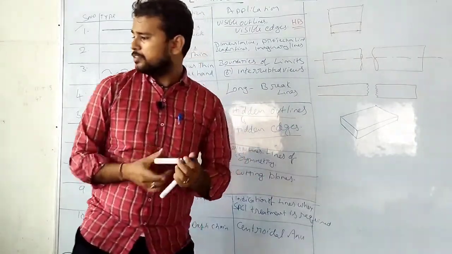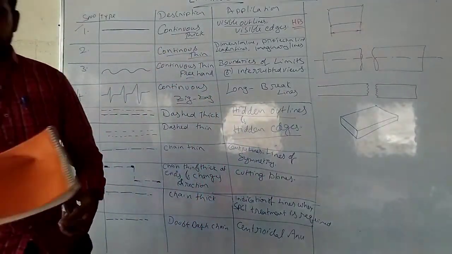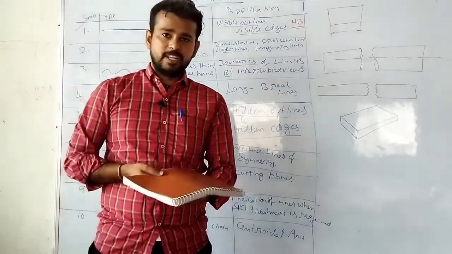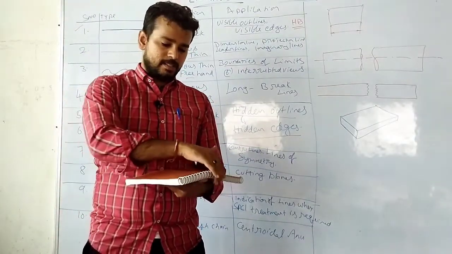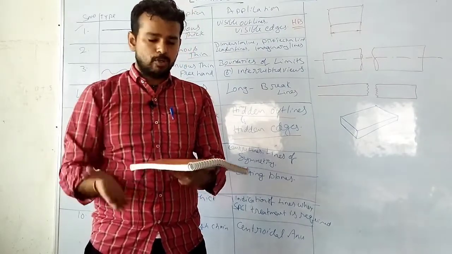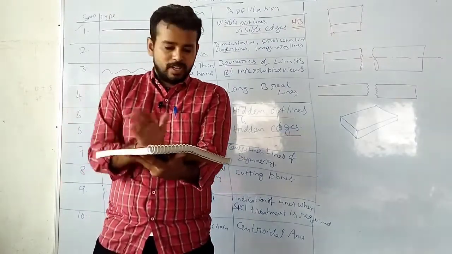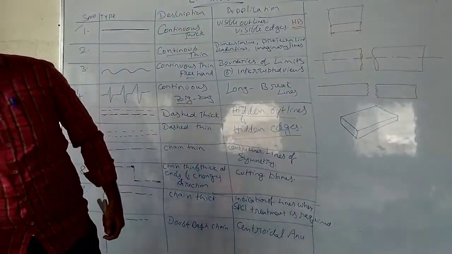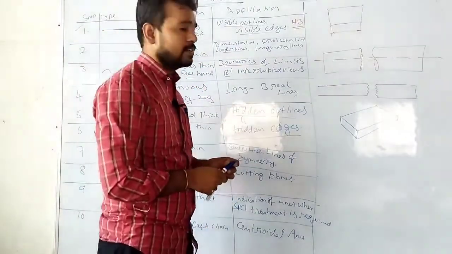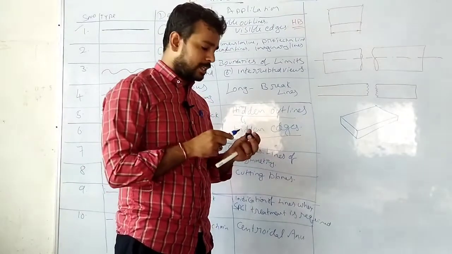Suppose if I place this book like this, you will be able to watch this side, and only this side. You are not able to watch this bottom one and this backside one. But even if you are not able to watch those sides and edges, still they are there.